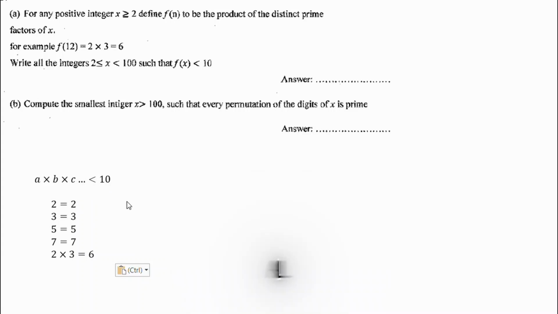So first of all, I'm going to go to this 2 right here, and I'm going to write 2 to the power n is less than 100. I'll explain to you why. So now, let's see how many numbers we can write down for 2 to the power n so it doesn't exceed 100.